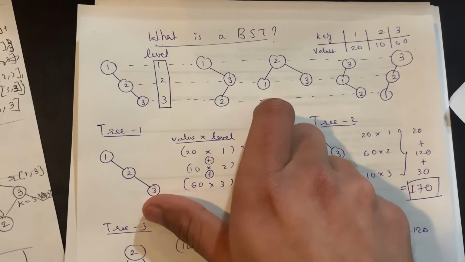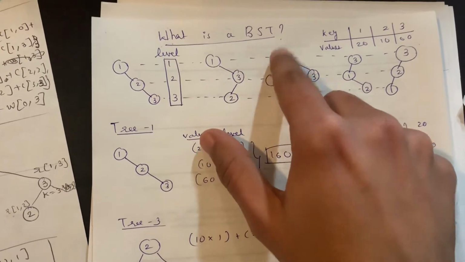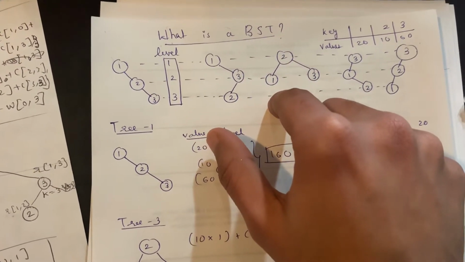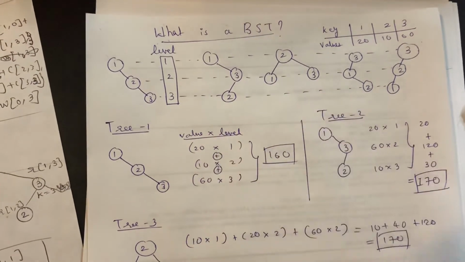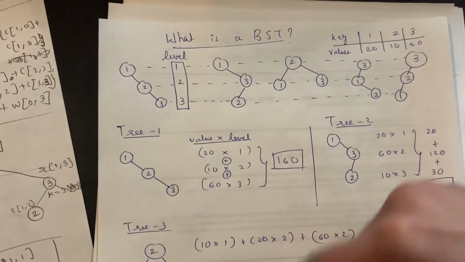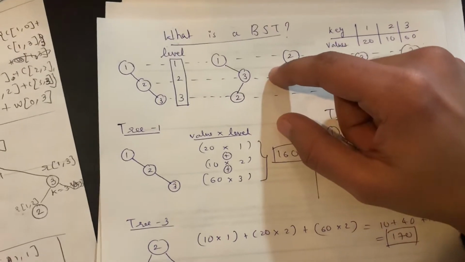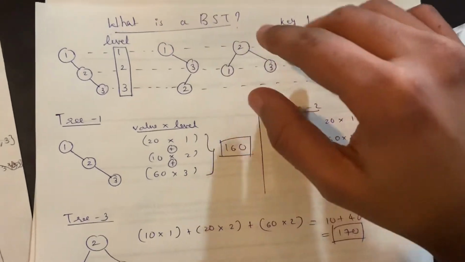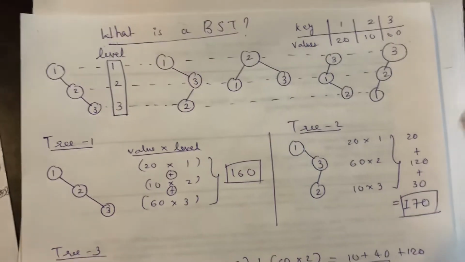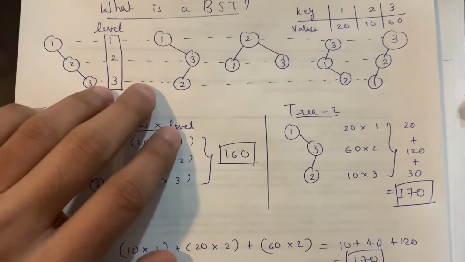But don't jump to the conclusion that it's the optimal tree just because it has fewer levels, as we'll see in the examples down here, that might not be the case every time. So don't worry about it right now. All right, so far so good. You guys got it.